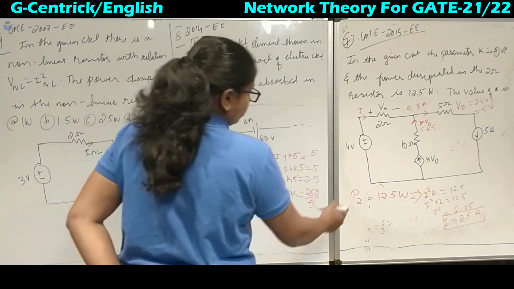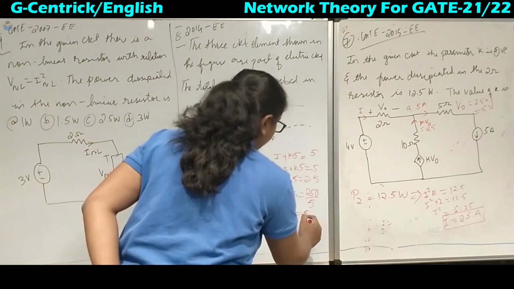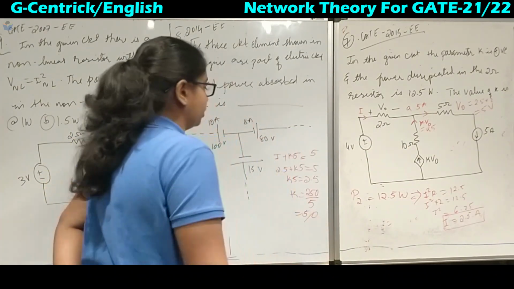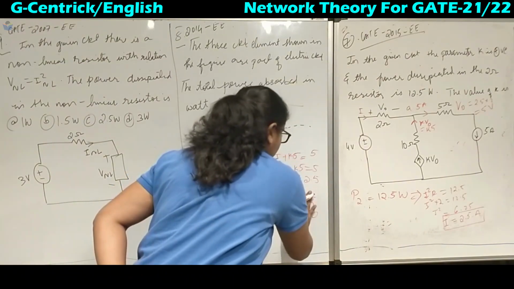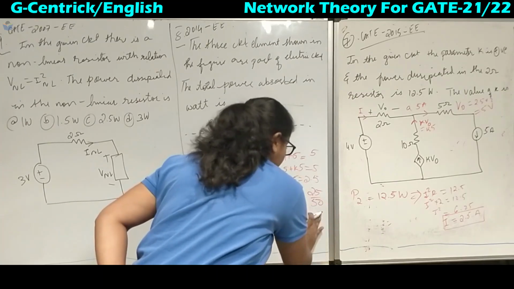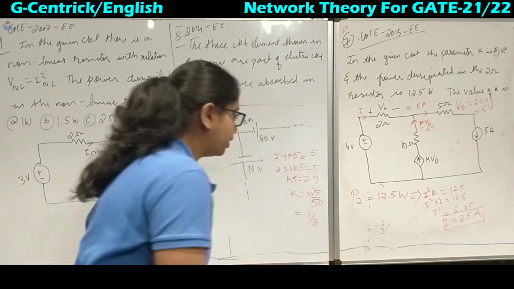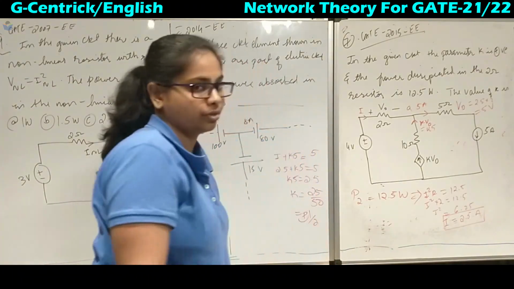Okay, so this is 2.5, K into 5. Sorry, this is 25 over 50, which is half. So the value of K is positive, that is 0.5.